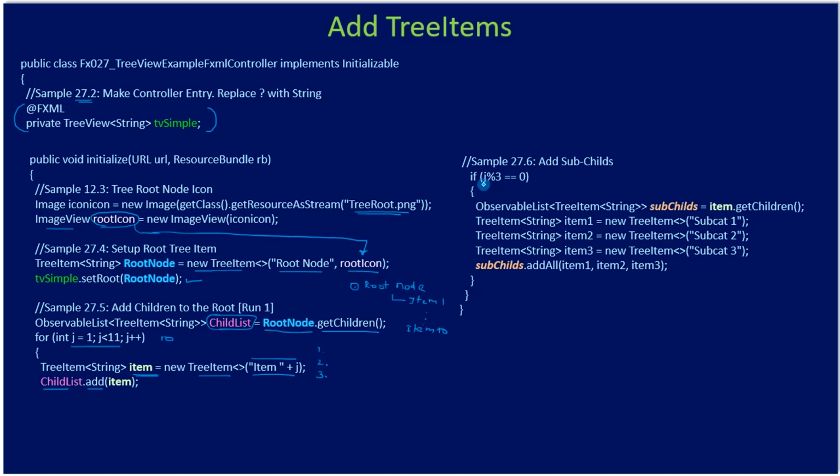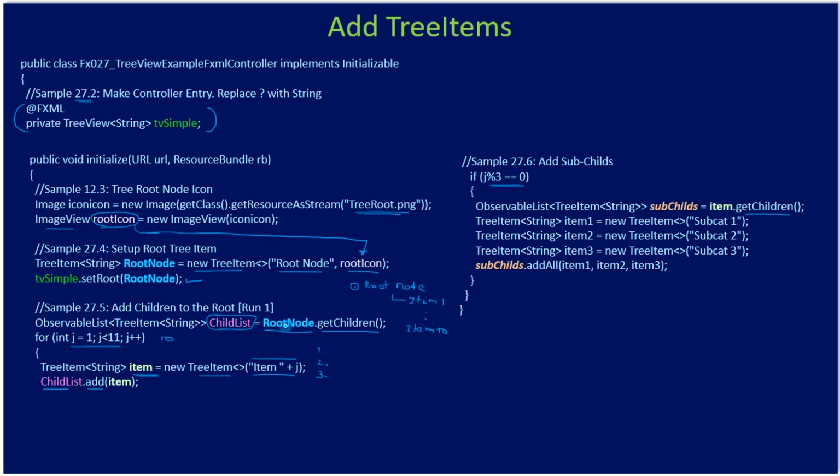Then here we are making use of loop counter j, right? j % 3 equal to 0. That means for every third item we make the specific item a parent. That means item dot get children.